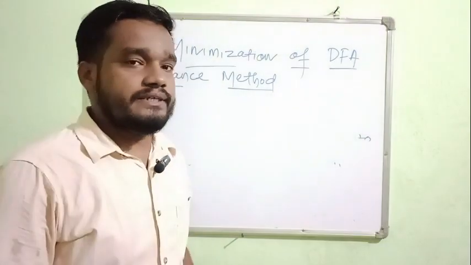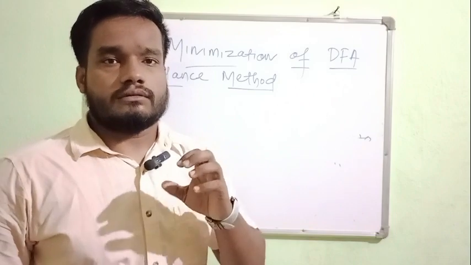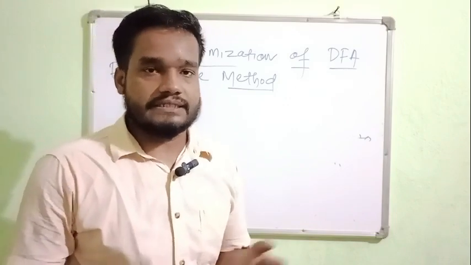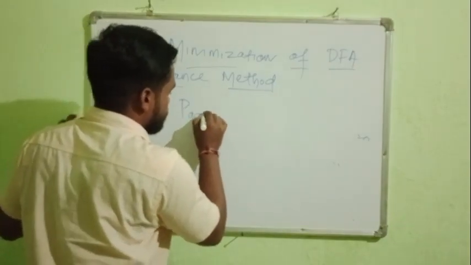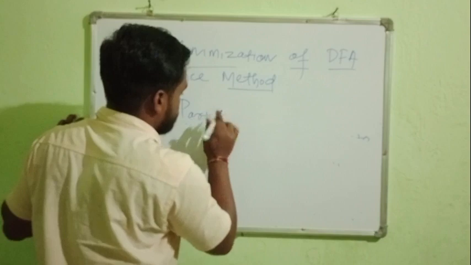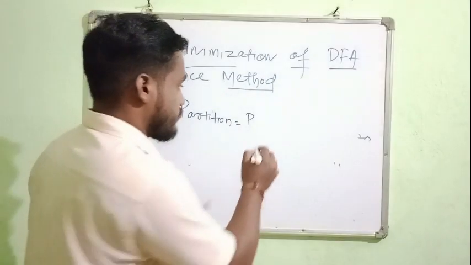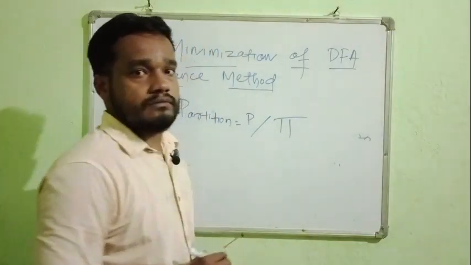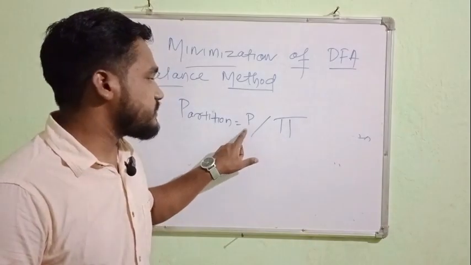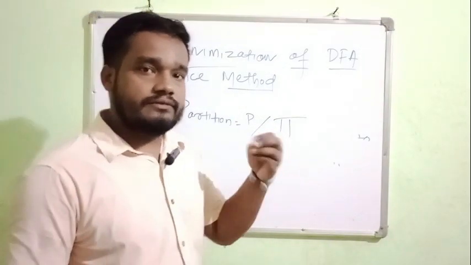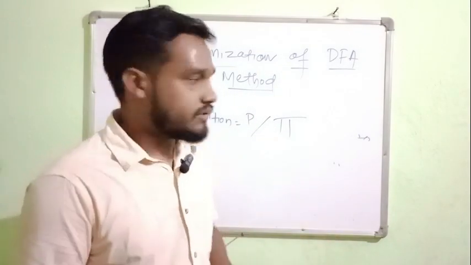Next step: if we are partitioning or grouping each state, then the partition will be represented as P or pi, because some books write pi and some books write P. So the partition is represented by the symbol P or pi.